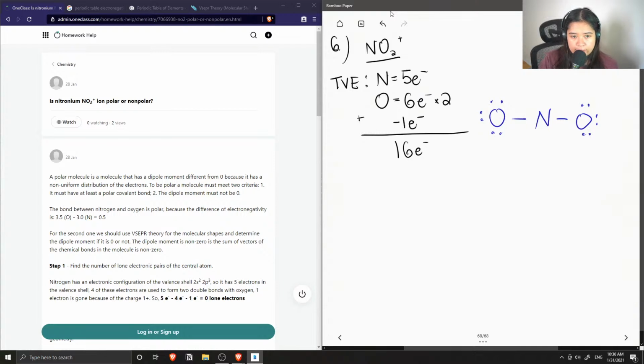So notice that we have our 16, but our nitrogen doesn't have a full octet yet. I'm just going to bring one of these values down to make a double bond.